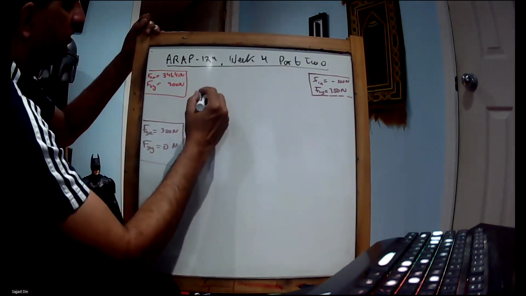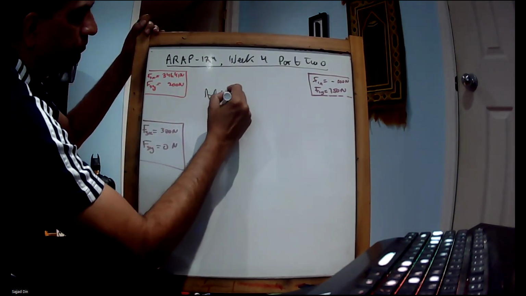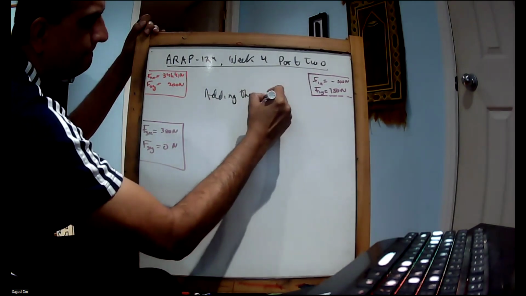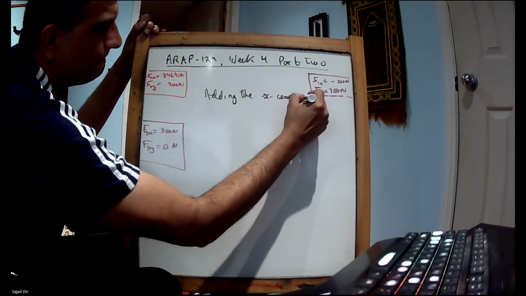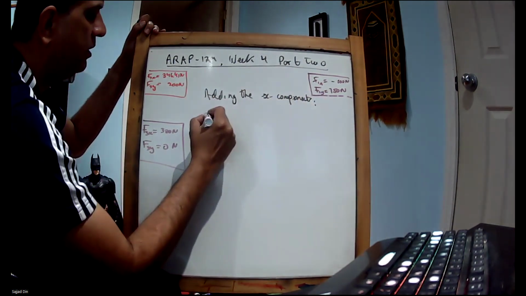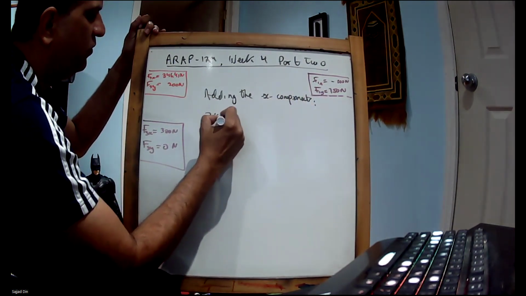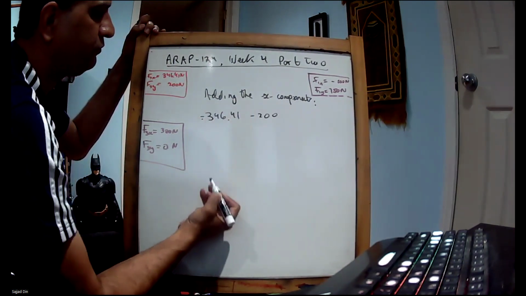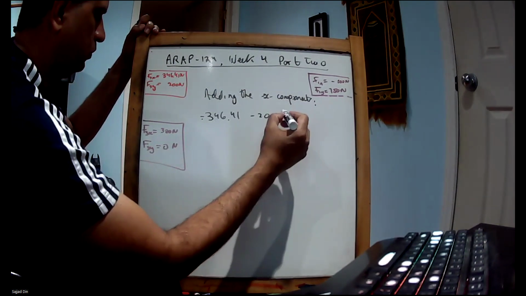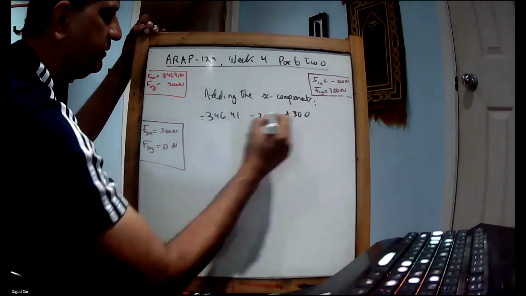Adding the x components, we have 346.41 minus 200 plus 300.